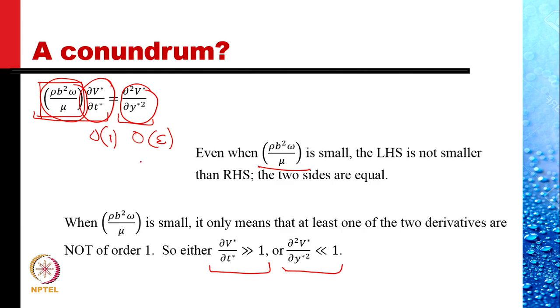And if this is of order 1, then this should be of order 1 over epsilon.